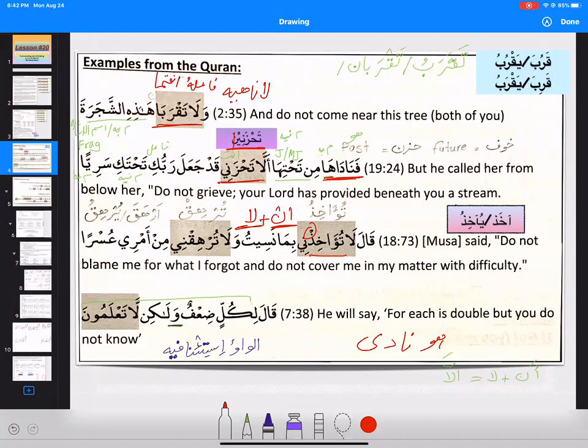Wala tuhmilna, and you do not burden me or blame me min amrina, in my matter, usra, with difficulty. And then we have over here walakin la ta'lamun. So you see that after this la there is no effect on the fi'l mudari. The fi'l mudari is marfu' over here, regular. So that means this is our la nafiya.